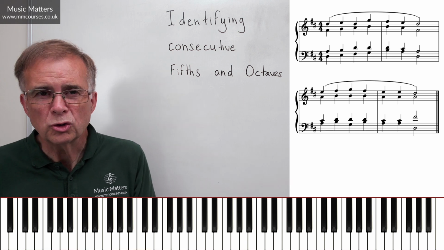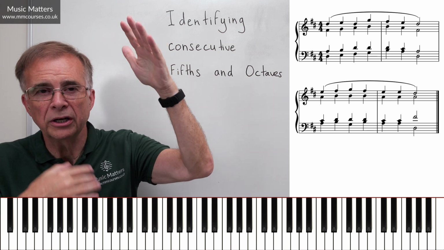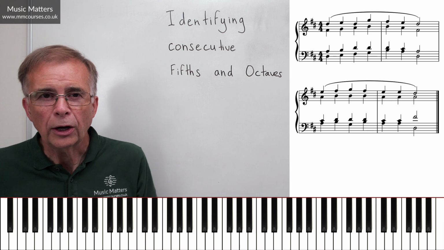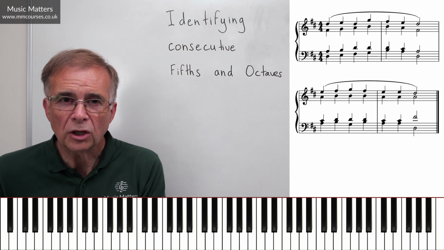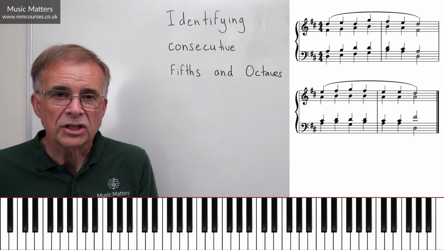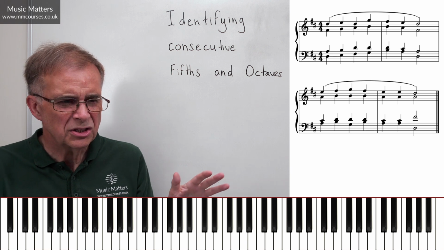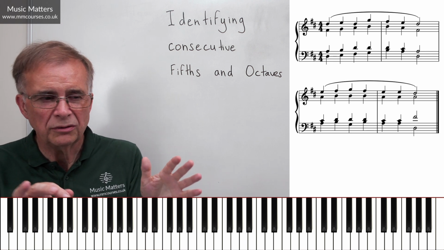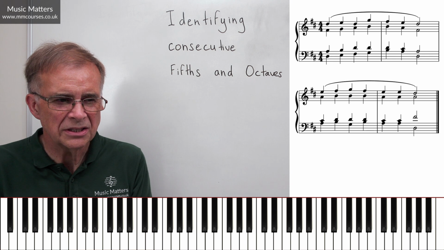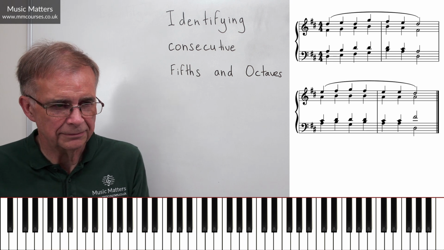So one thing you can try and do is get a bit of contrary motion between the top and the bottom, the soprano and the bass part. You can't do that all the time, but if you're writing in contrary motion in an opposite direction like this, the chances of avoiding those consecutives are vastly improved. But as soon as you see and hear everything moving in the same direction by the same distance, you're almost guaranteed to bump into consecutives pretty quickly.